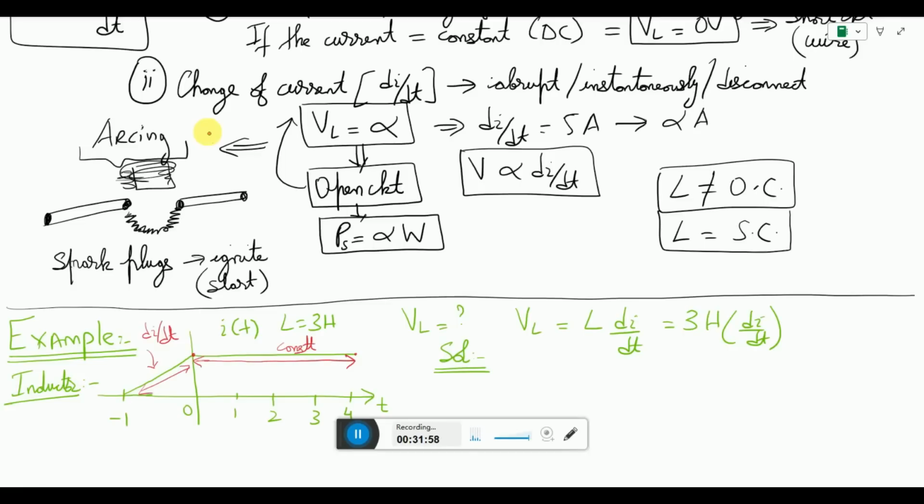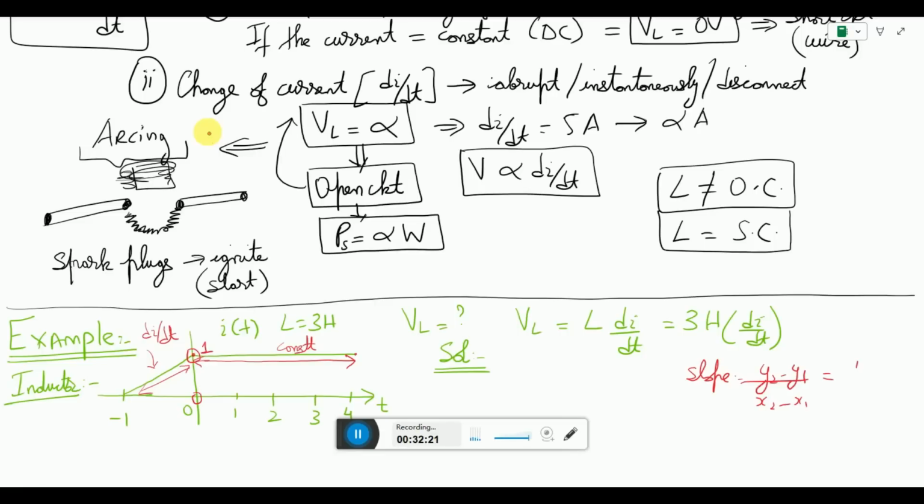So we can find the change of current using the equation of slope, which is y2 minus y1 divided by x2 minus x1. Here y2 is this point, let us call this point 1, y1 is at 0, x2 is this point at center, and x1 is -1.